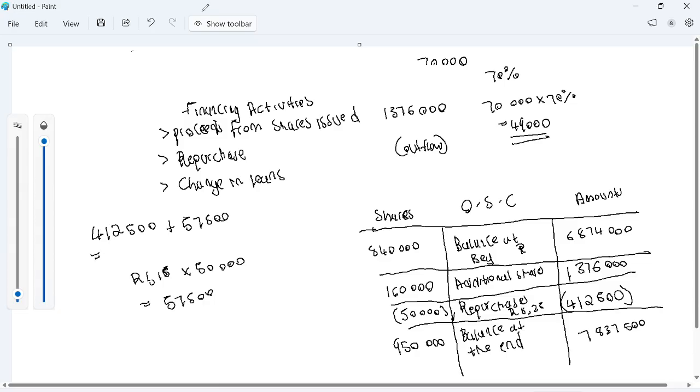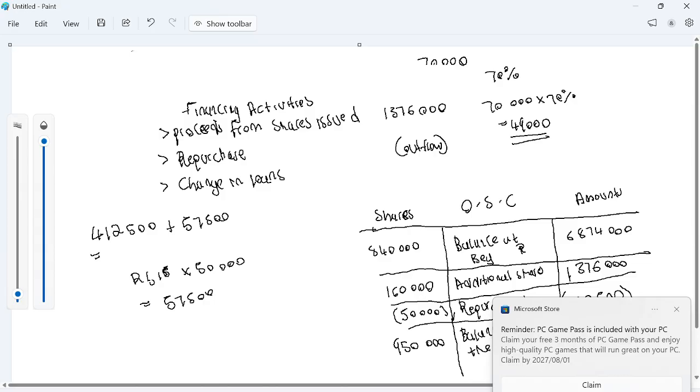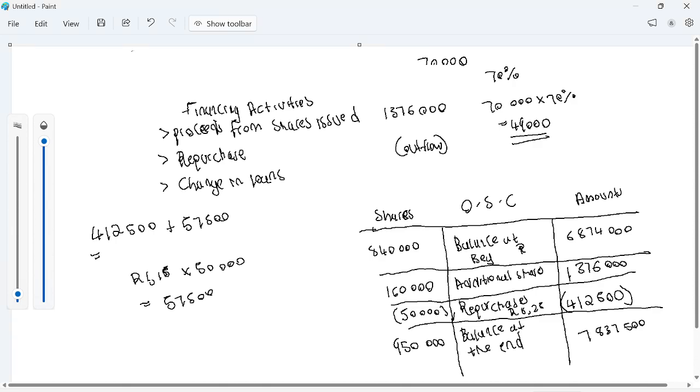Remember, I took this amount, right, and then I'm gonna add it together with the above part, which gives me my total repurchases. So 412,500 plus 57,500. So I'm gonna select my 470,000.